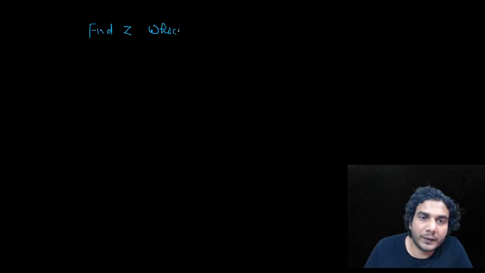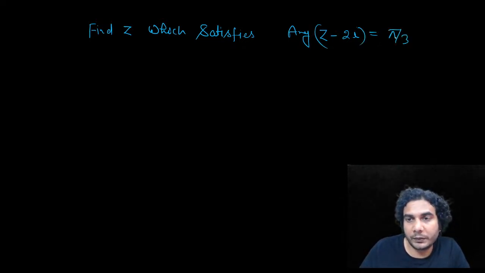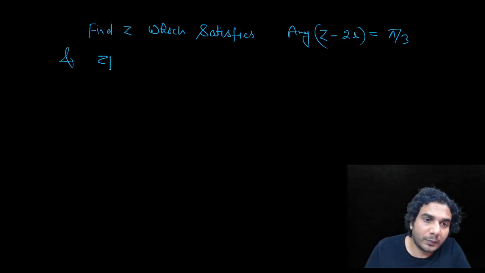Now I'll give you one example to solve. Find z which satisfies argument of z minus 2 iota is equal to pi by 3 and mod of z minus 2 iota is equal to mod of z minus 6 iota.